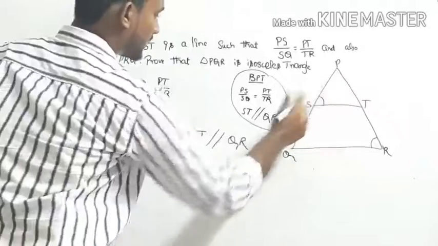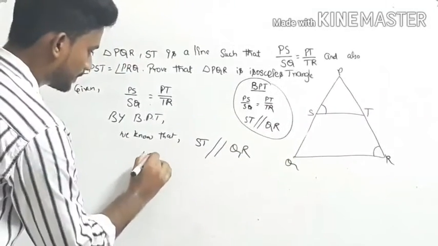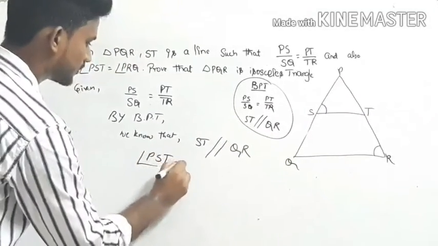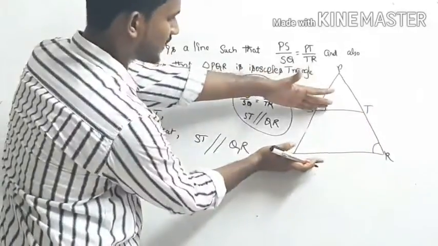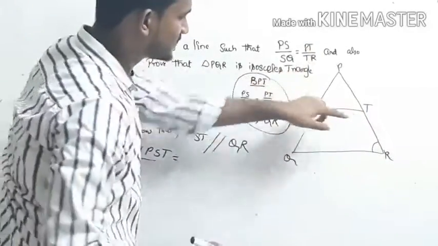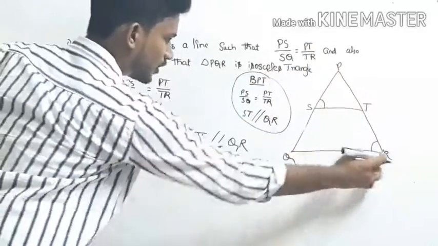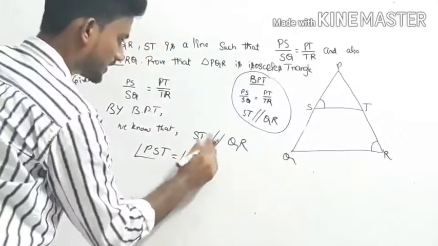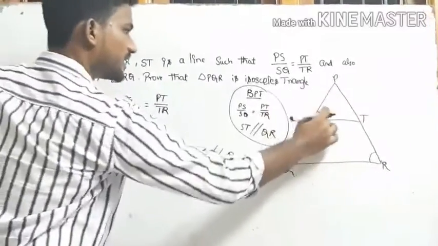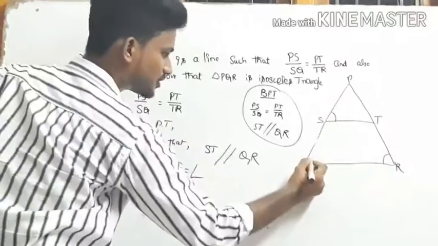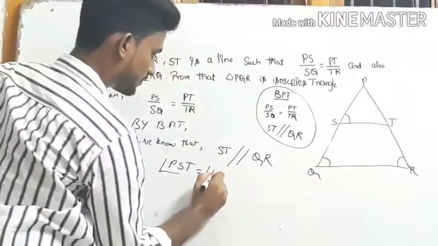From this, these 2 are parallel. Then angle PST equals angle PQR. If they are parallel to each other, then this angle is equal to this angle.